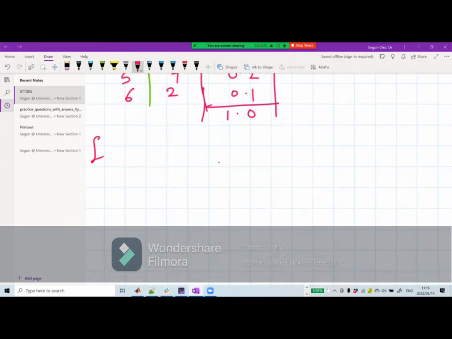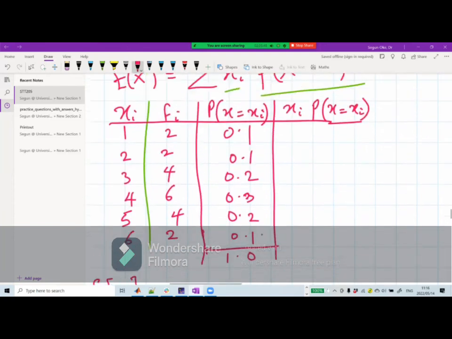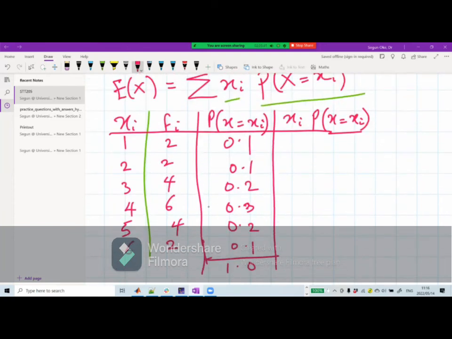The expected value of x is E of x. You pick one, look at the formula. The formula says xi multiplied by the probability. Our xi, let me do the arrow again, this multiplied by this, that is the meaning.